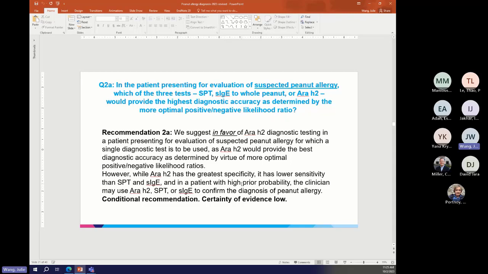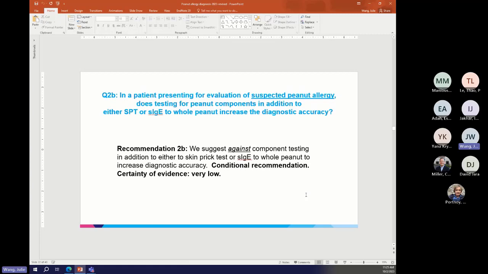So in a patient with high prior probability or pretest probability, the clinician may use a variety of tests to confirm the diagnosis of peanut allergy. Again, certainty of evidence for this recommendation is low. And then part B of this question was, in that patient suspected of peanut allergy, does testing to components add to, if you've already done skin testing and/or blood testing to whole peanut, does it increase the diagnostic accuracy?